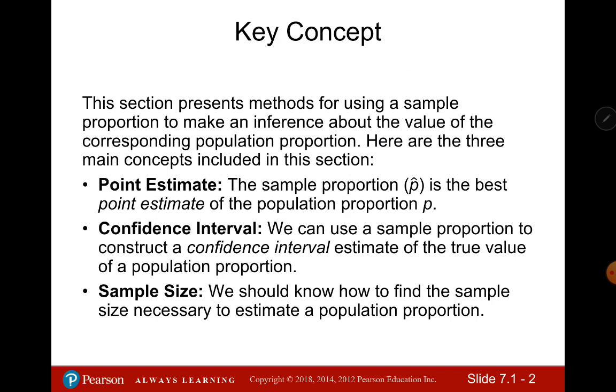The first one is how to point estimate. Then we talk about how to construct the confidence interval, so we construct an interval to estimate the true value. The last topic is we need to find the minimum sample size to help us do the estimating.